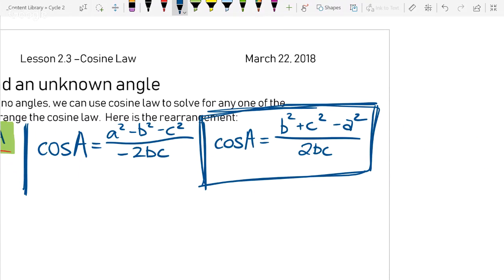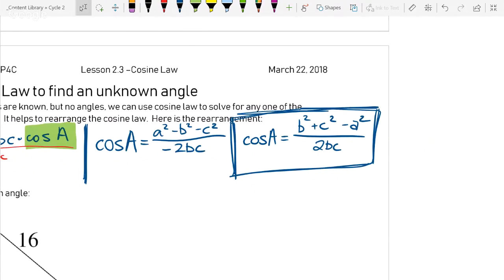Try to pay attention. And I want to mention something. I'm going to do one thing more. Ready? I am going to put the top in a big bracket, and I'm going to put the bottom in a big bracket. Now, mathematically, those brackets aren't necessary. But when you need them is when you go to put them into your calculator.